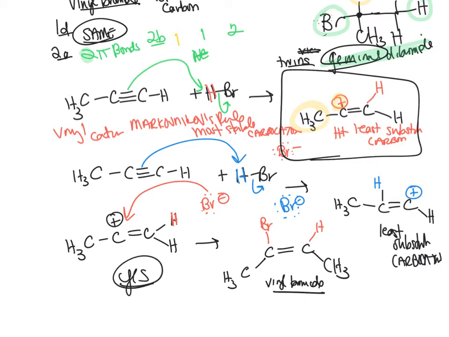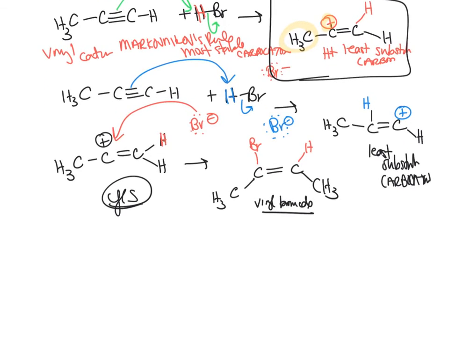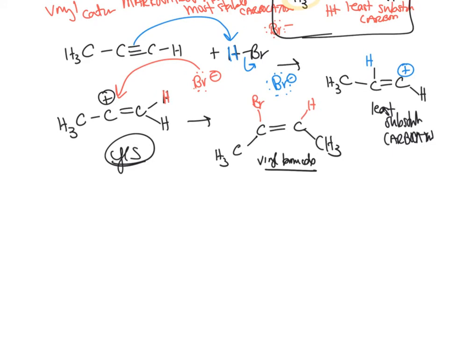Starting with the vinyl bromide drawn here, using curved arrows, draw the two possible cations formed after the addition of H plus in the second step. So if you take this here, we'll just go from here, and now we're going to add another HBr.